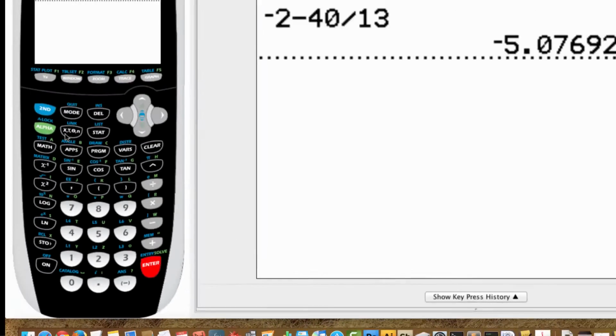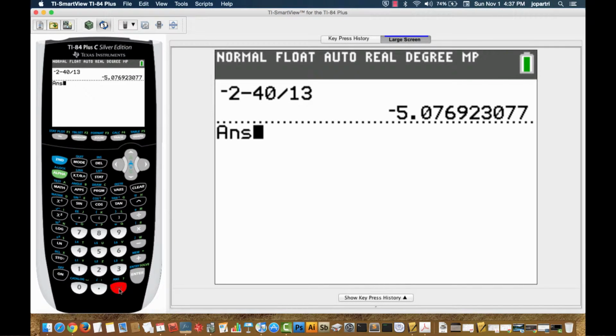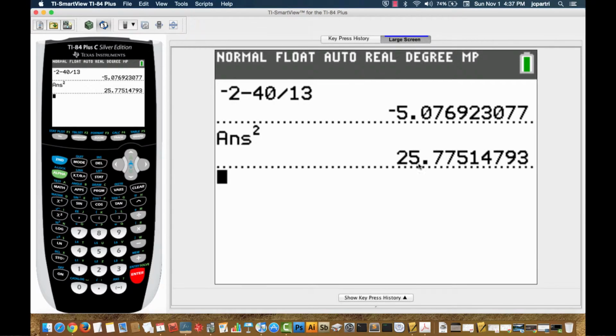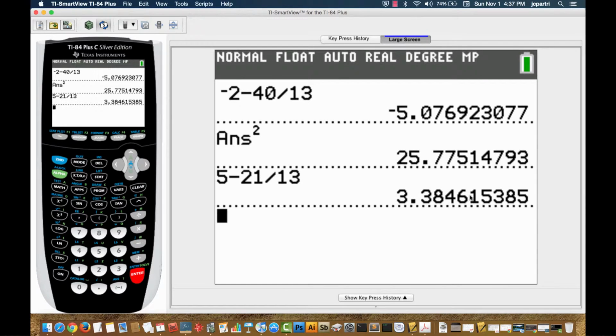So basically you'll use your second key and then square that answer right there. Hit enter, and that's the first part squared. Now let's calculate the second part. 5 minus 21 divided by 13. That's the second part, but I've got to square that.